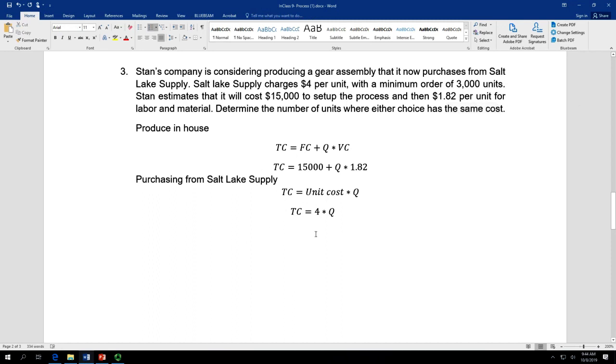Then we can write the two equations together, this one equals 4Q.